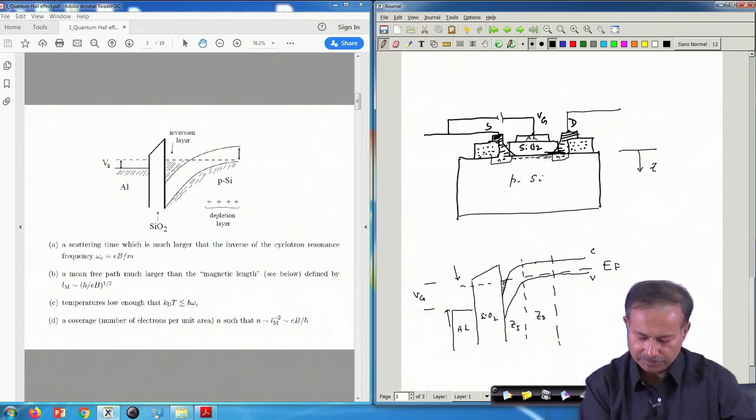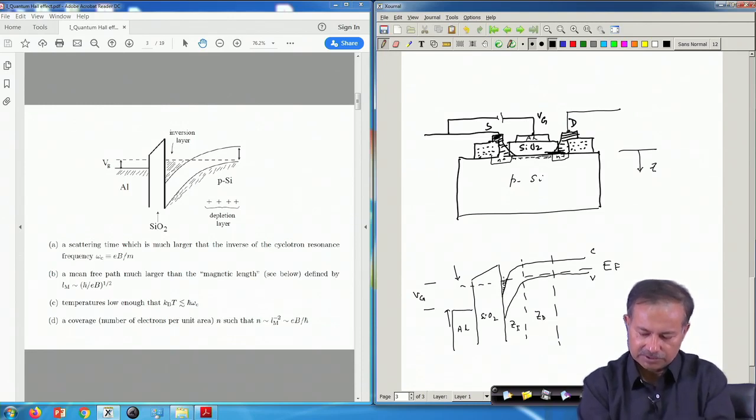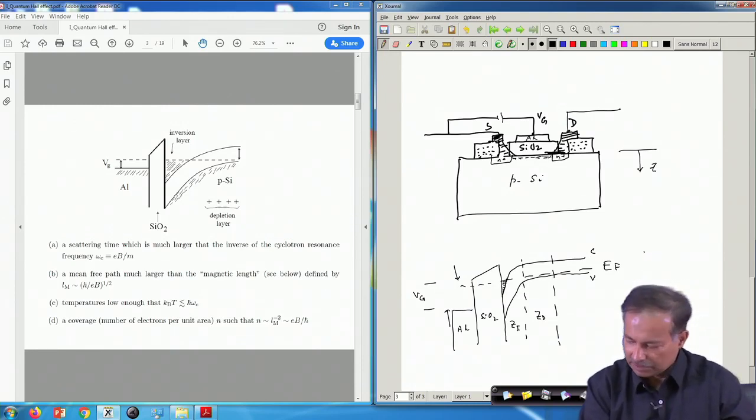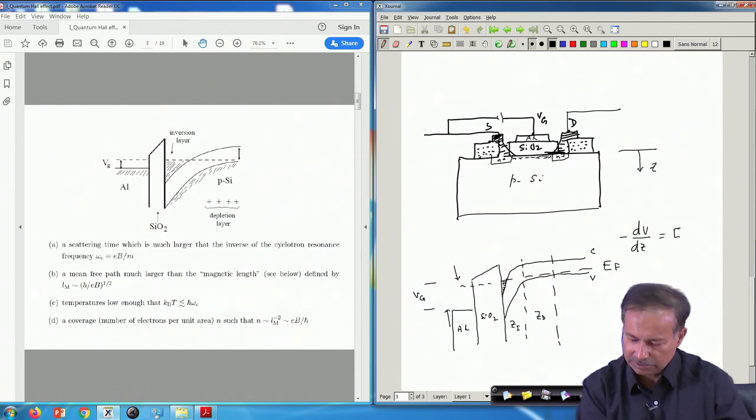Earlier, before I applied a gate voltage, the potentials were straight horizontal lines. These EC and EV were horizontal lines, whereas now, because of the electric field coming from the gate, you have to solve this equation. This is equal to your electric field.